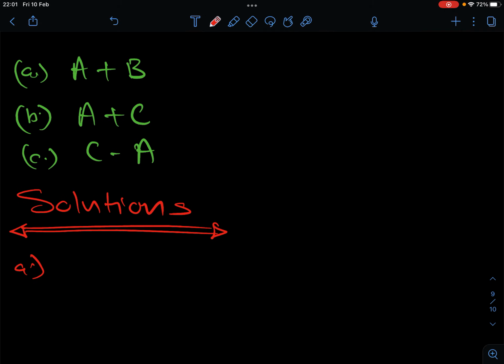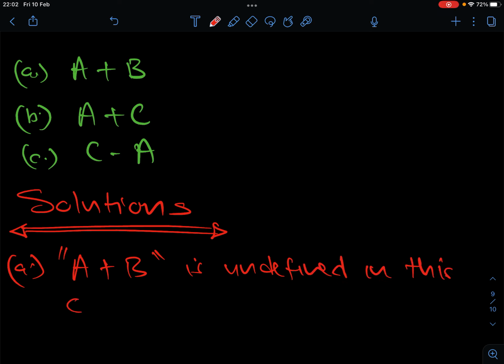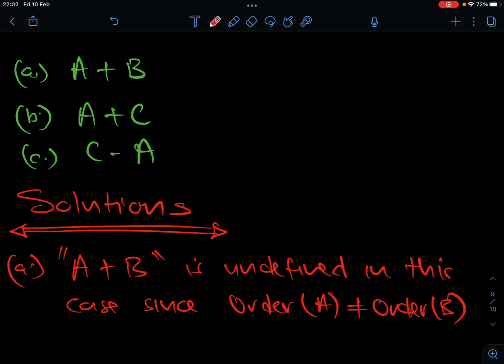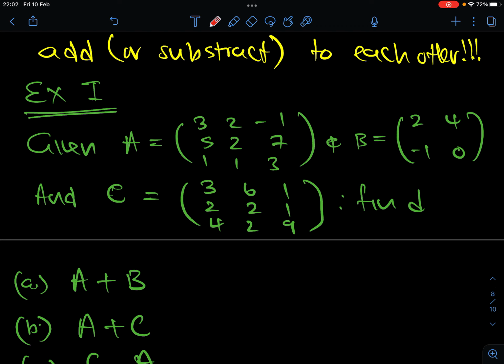A plus B is undefined in this case, since the order of A is not equal to the order of B. A is a 3 by 3 matrix, but B is a 2 by 2 matrix, and C is a 3 by 3 matrix. Since they are asking us to add a 3 by 3 and a 2 by 2, this is an invalid operation, so you cannot conduct it.